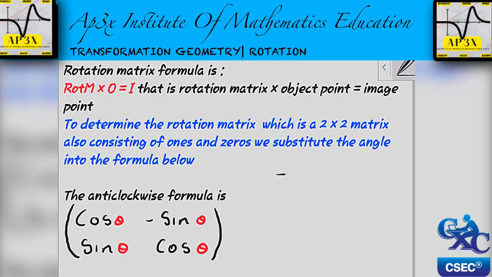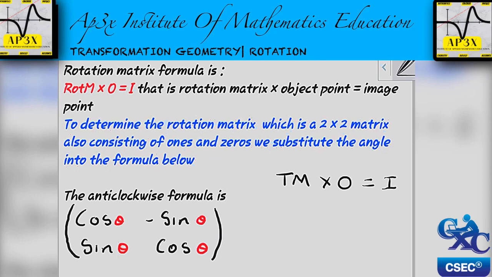I made note of the fact that the transformational metric multiplied by the object point will always produce the image location. And this transformational metric binds reflection, rotation, and enlargement.